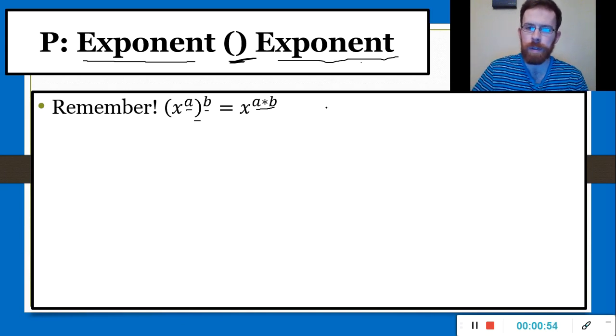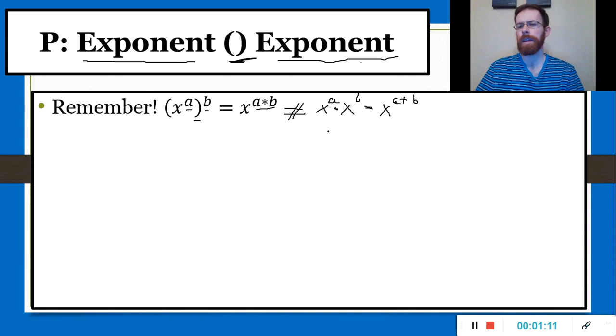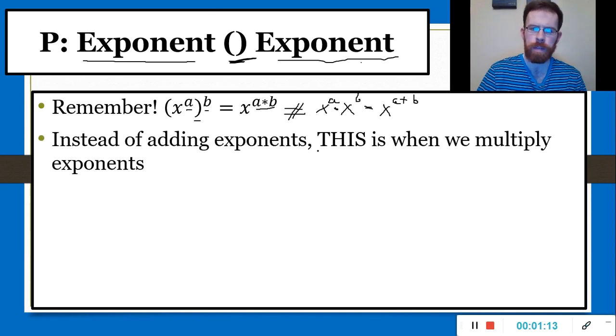This is not going to be the same thing as x to the a times x to the b, which gives us a plus b. Not the same thing. But this is just what I said, we multiply exponents on this.